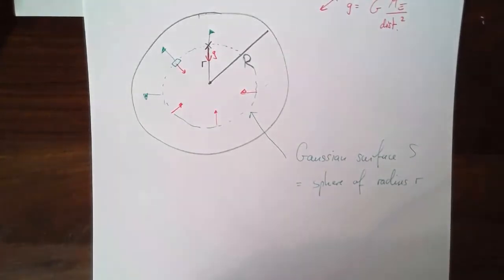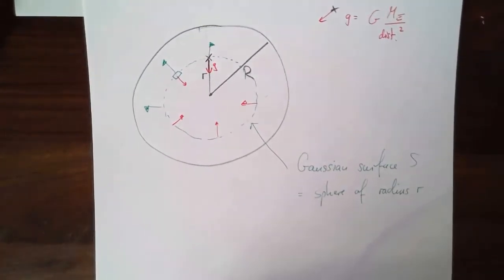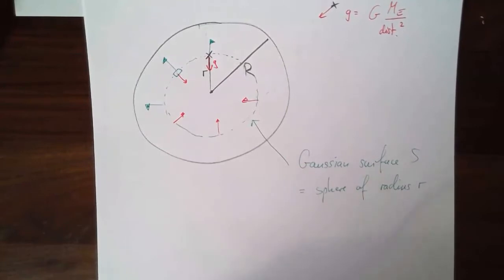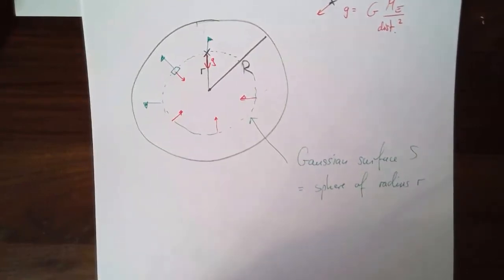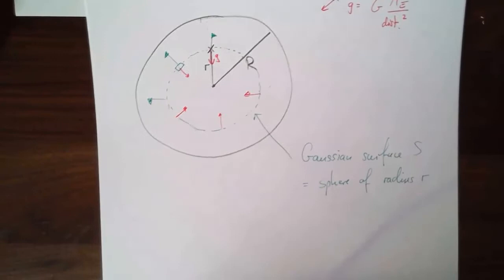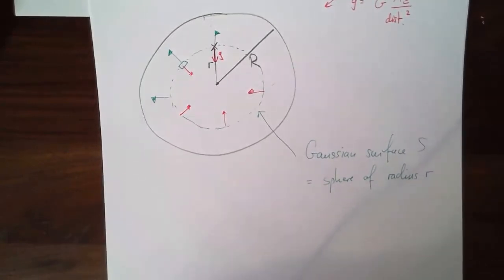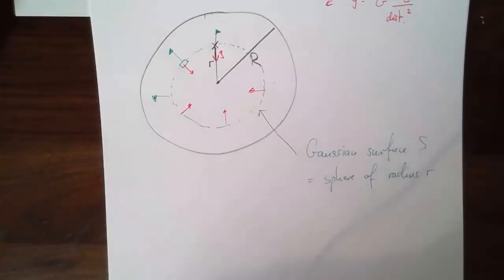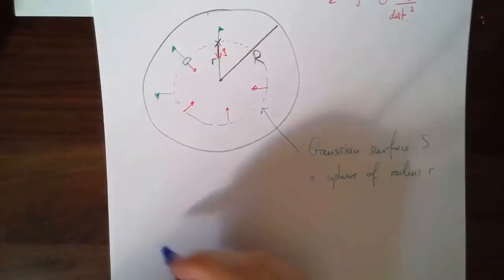So the cosine of 180 is -1. The minus sign is just going to tell me that it's essentially attractive, as if I'd had a negative charge. So the flux, write this down.